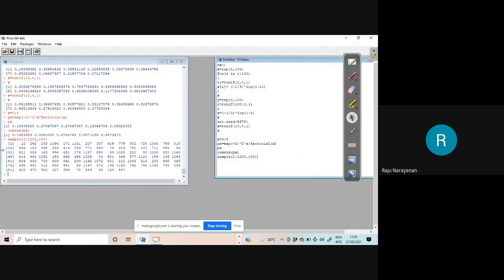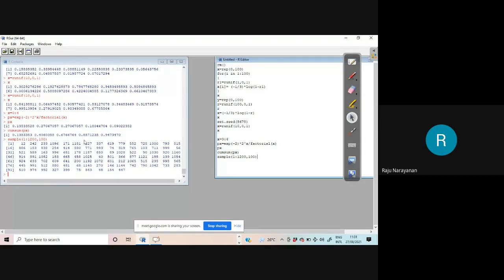The 12th student, meaning the student with the number 12, the student with the number 242, the student with the number 233, the student with the number 1082, the student with the number 447. You measure their height.